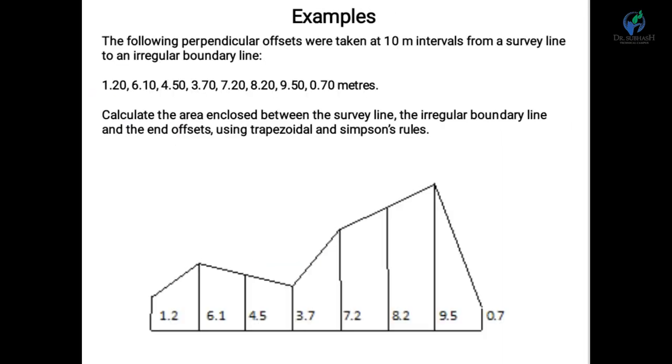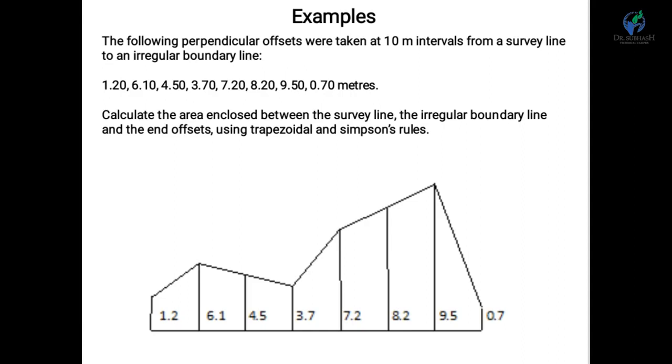Next example: we are given 10 meter intervals from the survey line to an irregular boundary line, and some ordinate offset values are given. Now we have to calculate the enclosed area between the irregular boundary using the trapezoidal and Simpson rule.